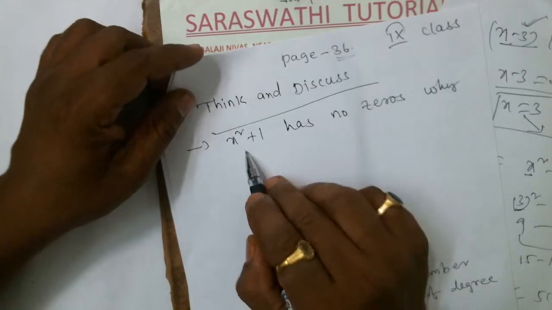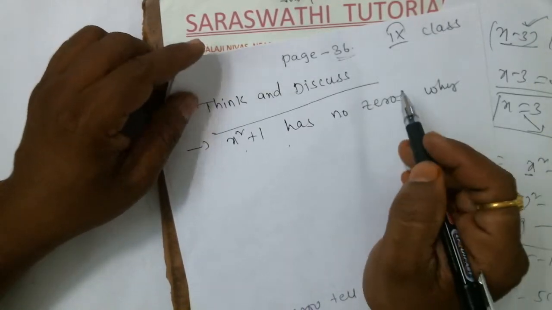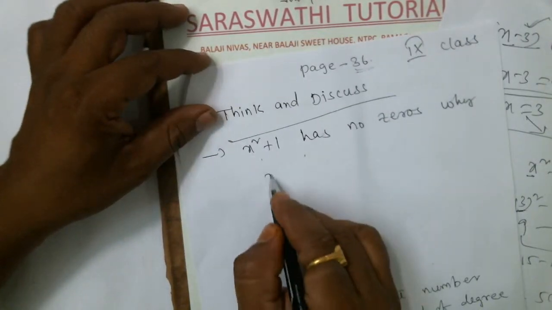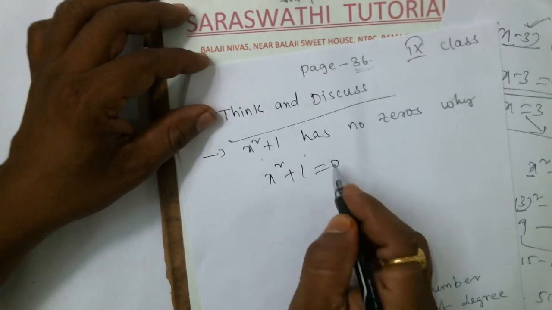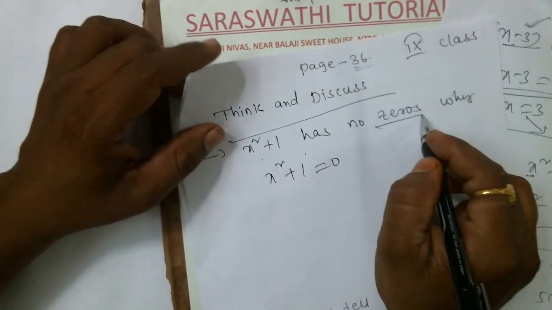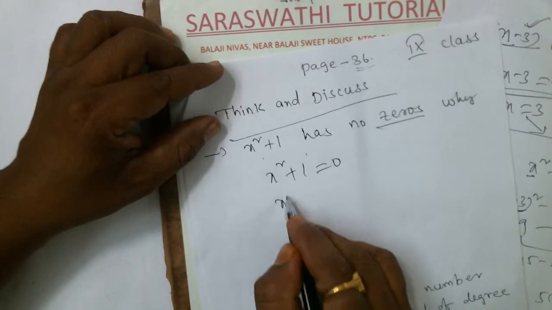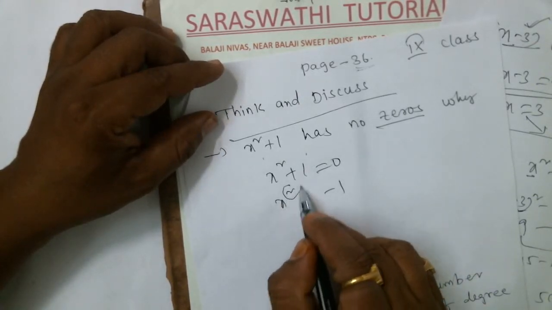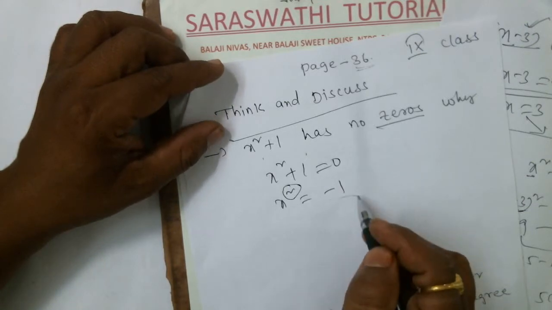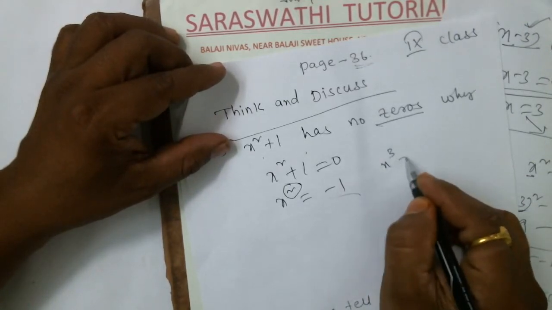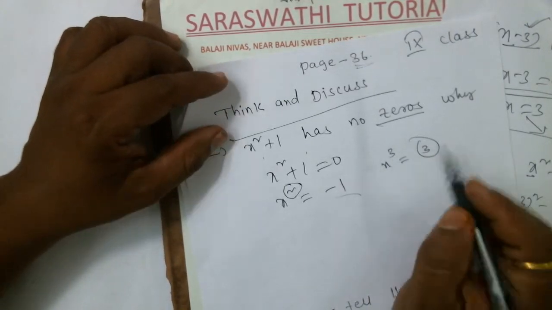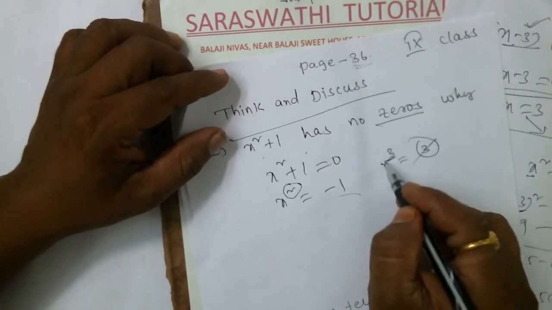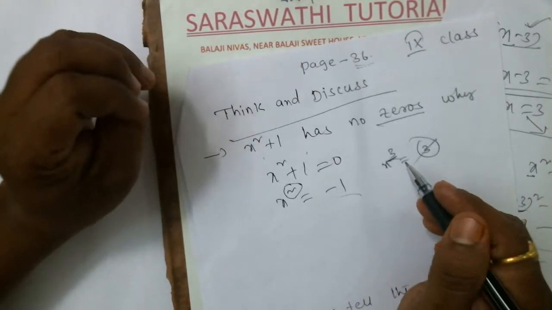Page number 36. x square plus 1 has no zeros. Why? Because first of all, here x square plus 1 is equal to 0. Why? Because we have to find the zeros of a polynomial. Then x square is equal to minus 1. Here the power is 2, so we will get here one positive, one negative. If the power is 3, we will get 3 zeros.